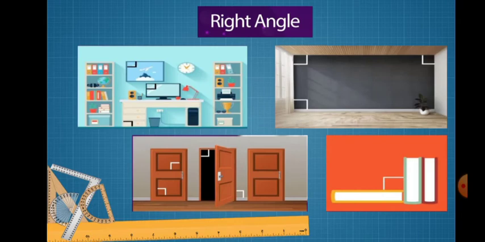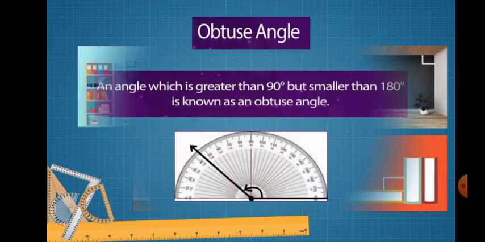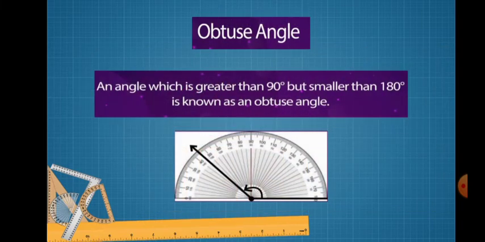Some examples of right angles are the angle in the photo frame, the angle in the TV screen, the angle in the blackboard, and the angle in the door and in the windows. And after that, the angle made by these books. These are right angles.